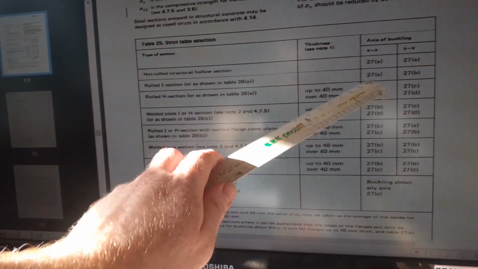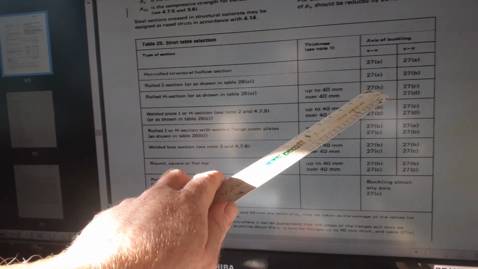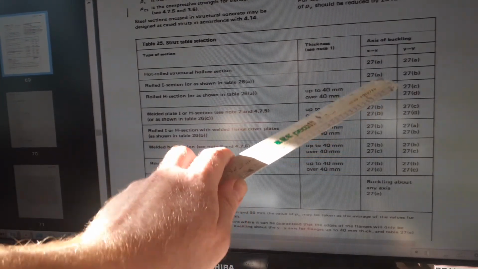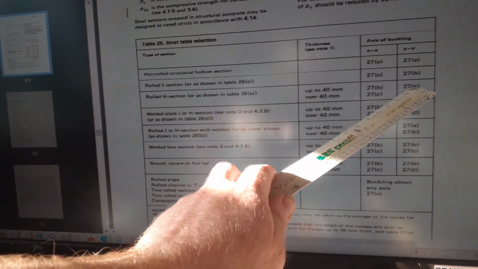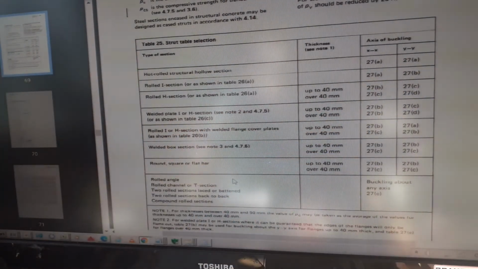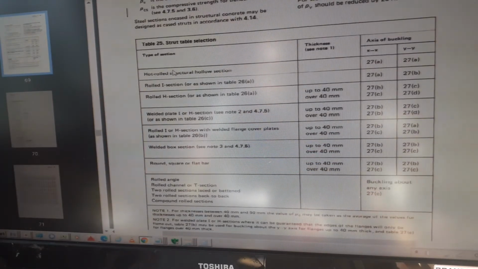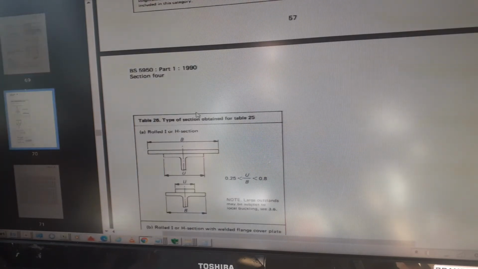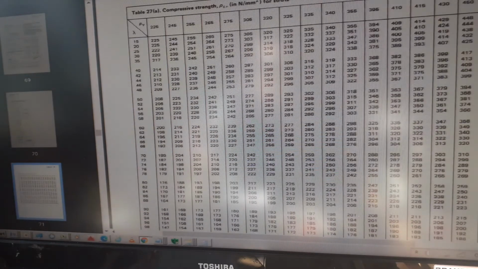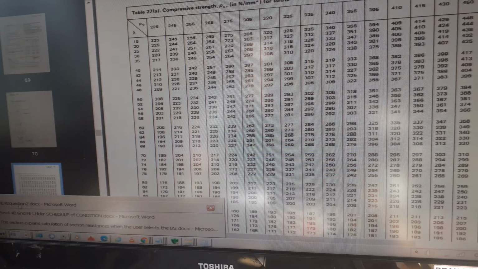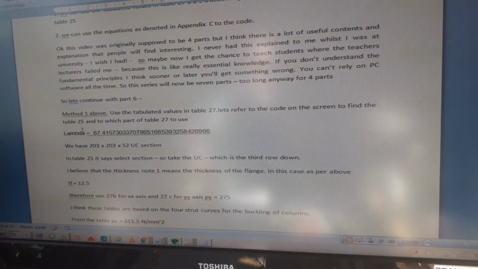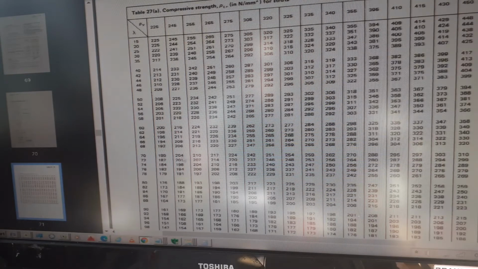For the axis of buckling, XX, we need to use Table 27B for the XX axis and 27C for the YY axis. That's in the code of practice, BS5950, Table 25, the strut selection table. So we had lambda equals 67.4, py equals 275.